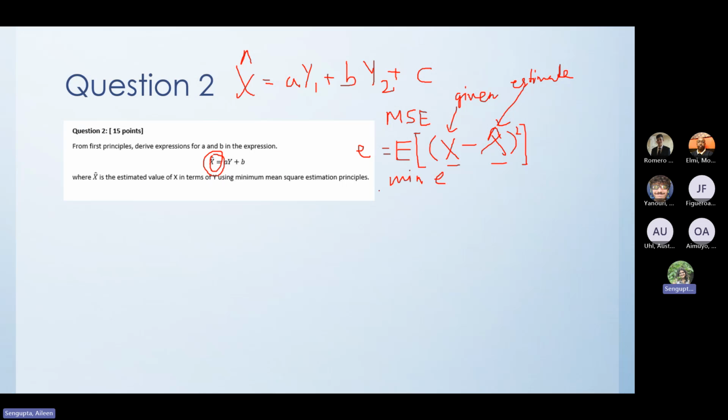So how do you minimize an error in any system? We are trying to play around with the fact that we have error in a system, and we are trying to vary some parameters in the system so that our error is minimized. What are the parameters that we are trying to vary?